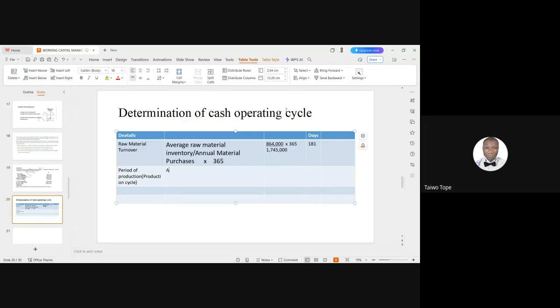The formula is average work in progress divided by cost of sales, multiplied by 365 days.